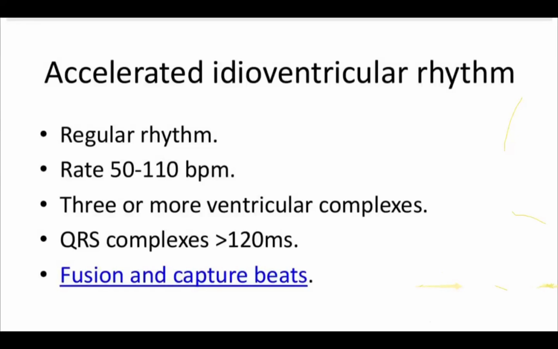Okay. Just to summarize, in an accelerated rhythm, the rate is not as fast as to say it's a ventricular tachycardia, and not as slow as to say it's a ventricular escape rhythm.